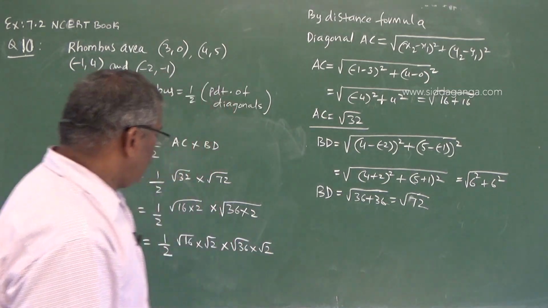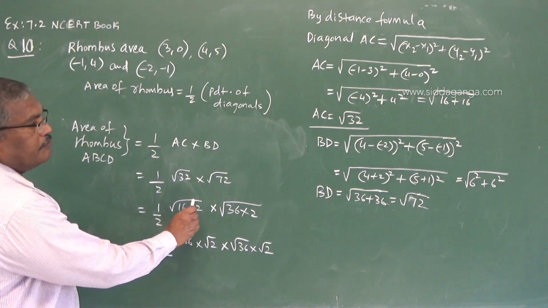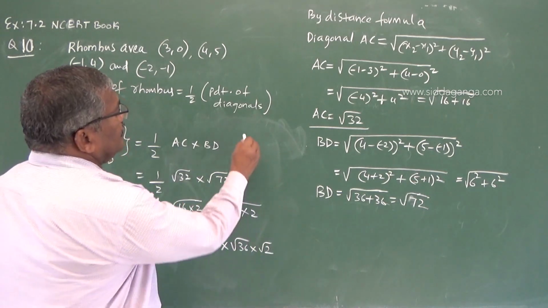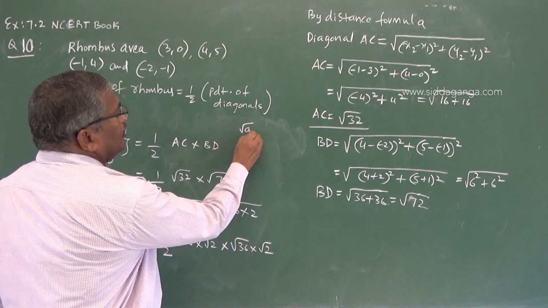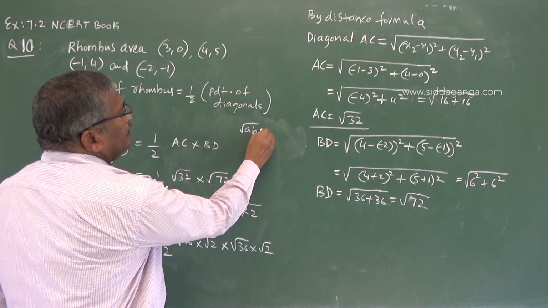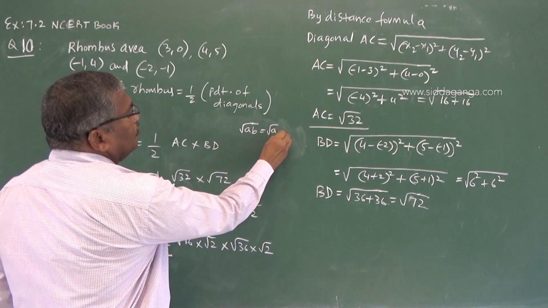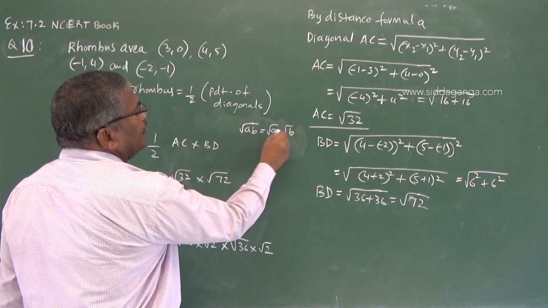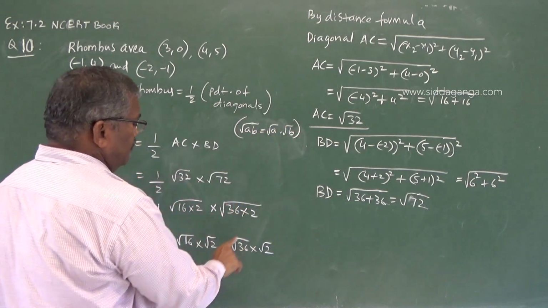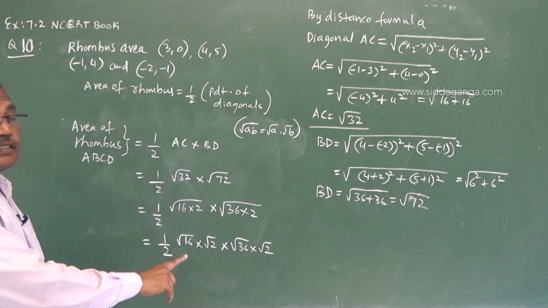How do we write this? If we have root of AB, it can be written as root A into root B. Based on this, we split it like this.